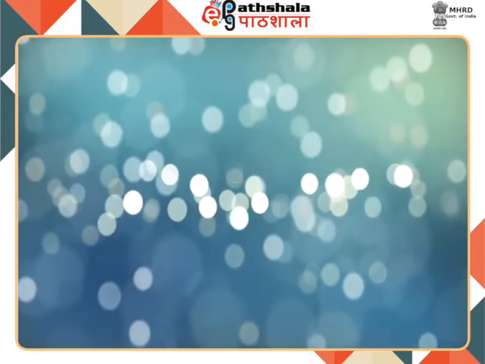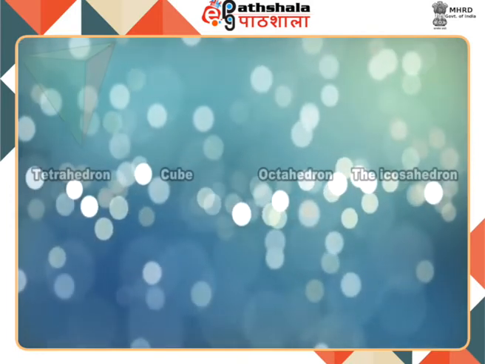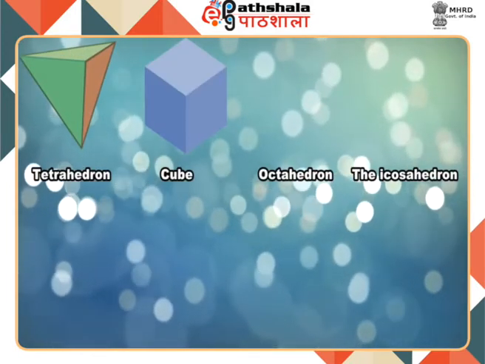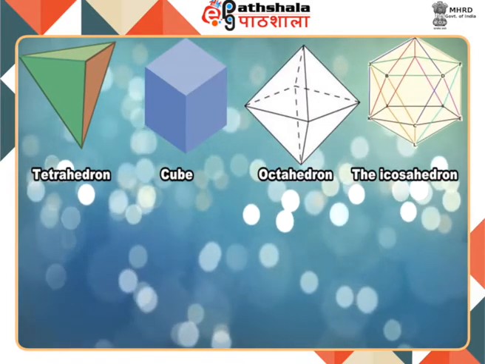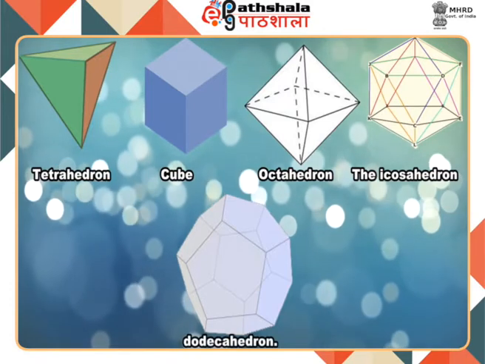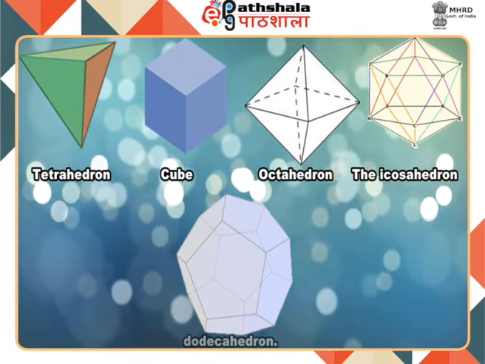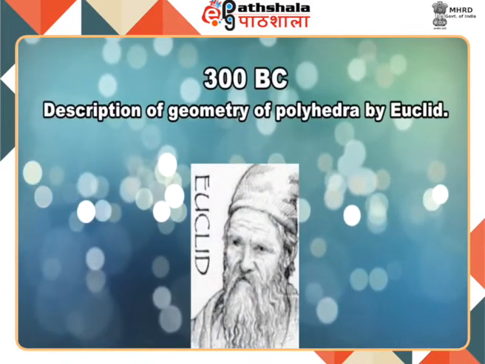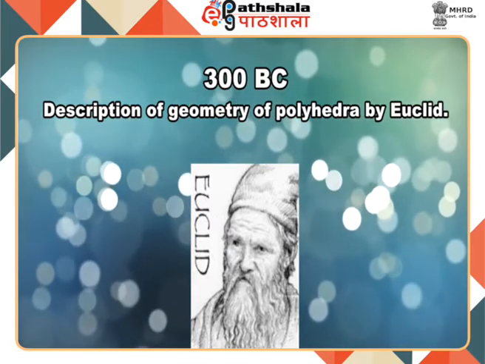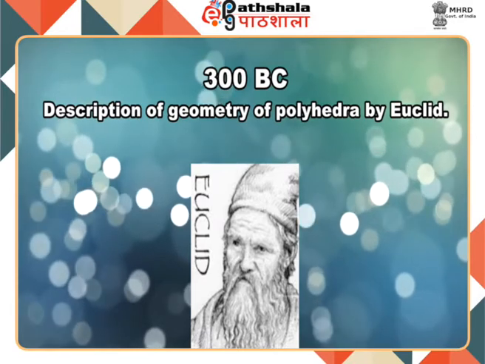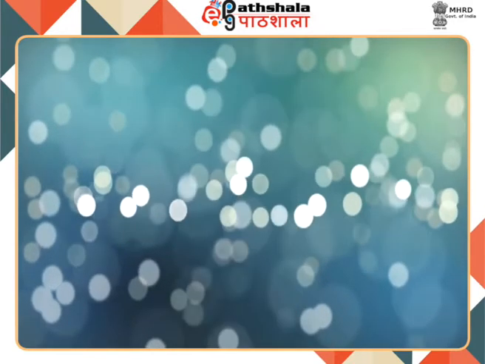These 5 special polyhedra are the tetrahedron, the cube, the octahedron, the icosahedron, and the dodecahedron. Moving further, in around 300 BC, the geometry of polyhedra was described by Euclid.